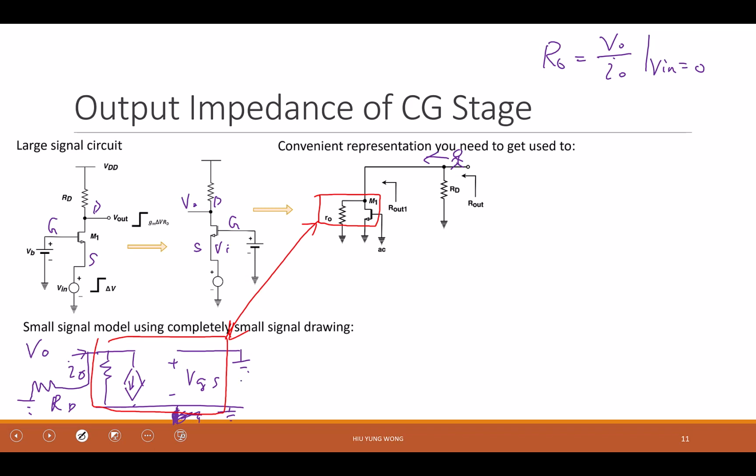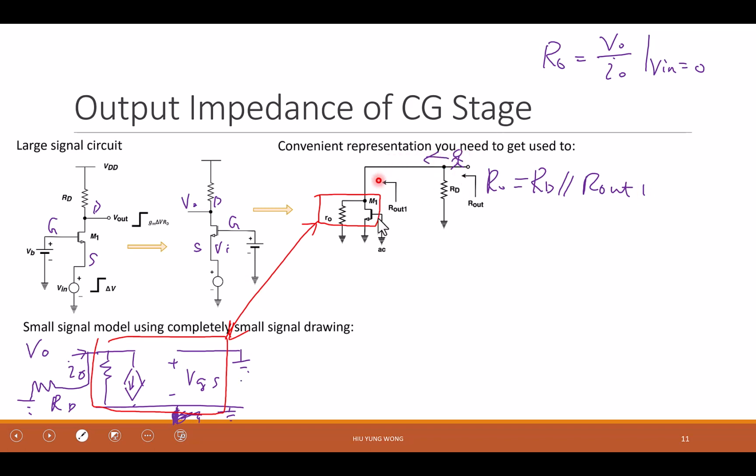There's a resistor. I can go to the ground through the RD. There is one resistor. But I also can go straight forward, right? Definitely, it is RD parallel R out 1. That is my R out, right? Whether you know what R out 1 is doesn't matter. The point is you do see that it's parallel, right?